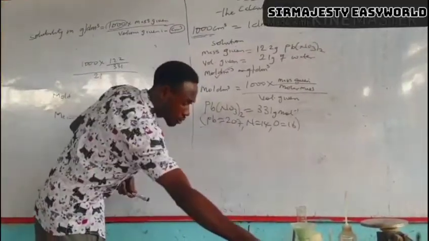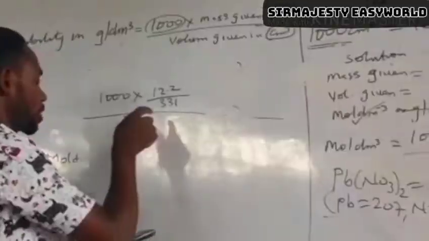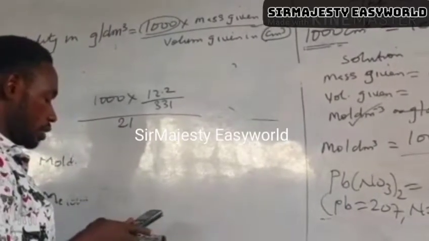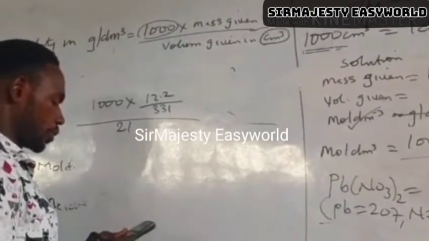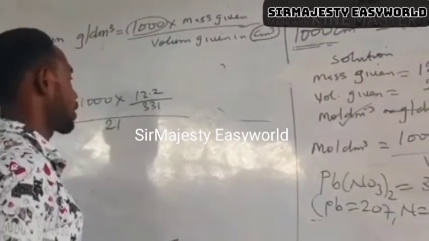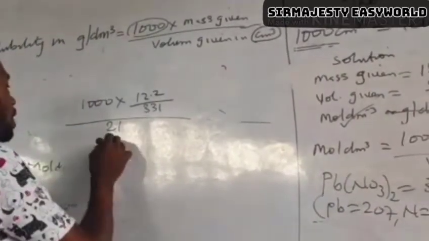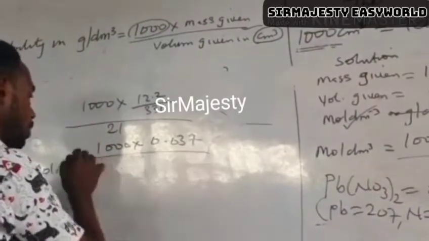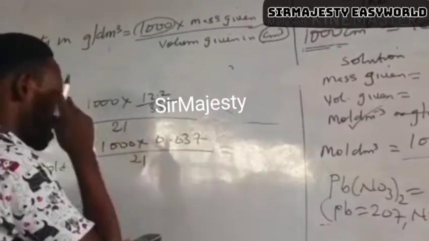That's the cheat. So here we go. First, you just get the answer of 12.2 divided by 331, which will give you 0.036. Here we have now 1000 times 0.037 approximately, divided by 21 is our final answer.